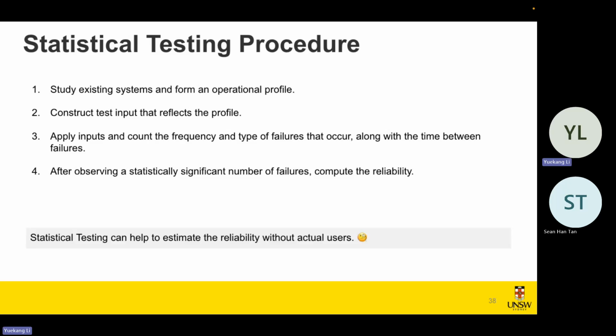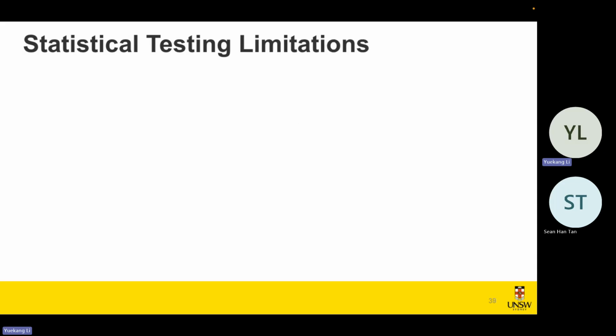So statistical testing can help us estimate reliability, sometimes even without actual users, as long as we get this operational profile properly. This is the typical procedure of statistical testing.